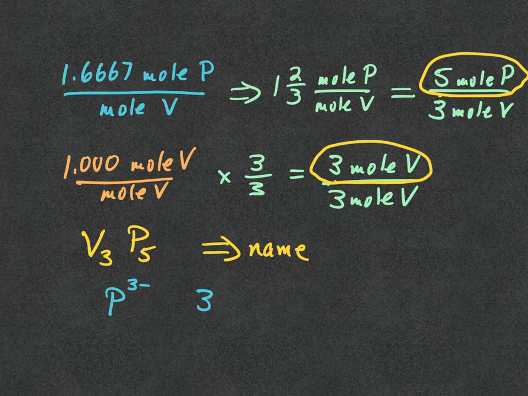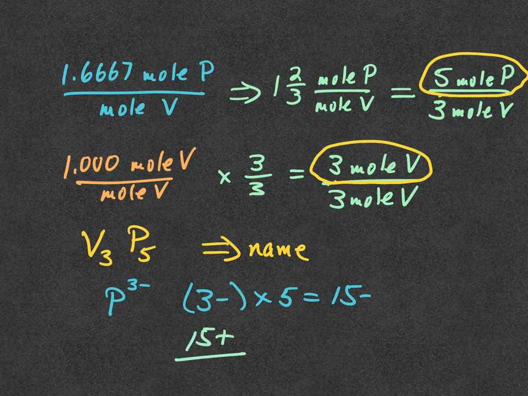So 3- times 5 is 15-, which means vanadium has to make up 15+, and that has to be divided among 3 vanadiums. That's going to be 5+ per vanadium.